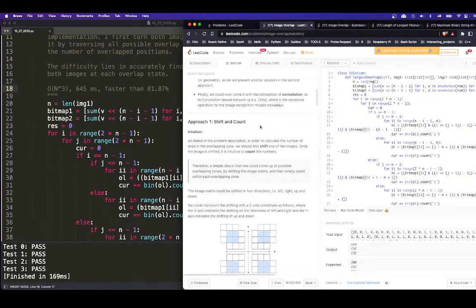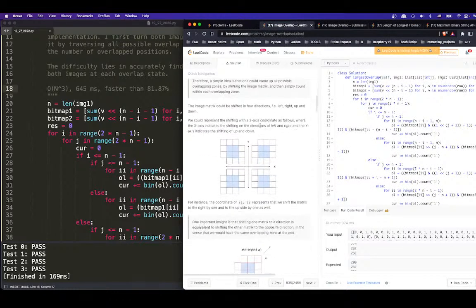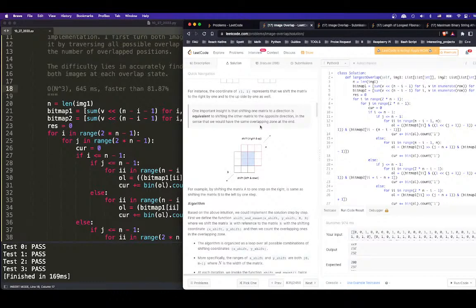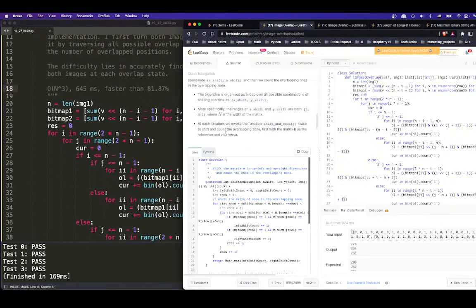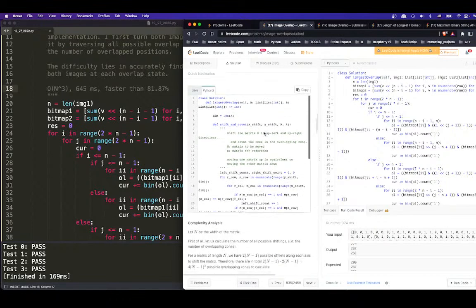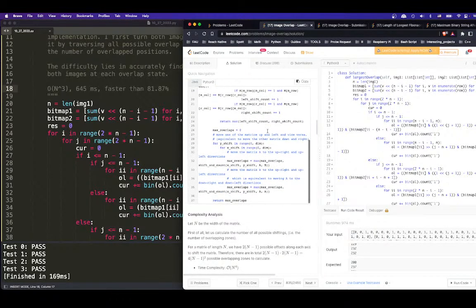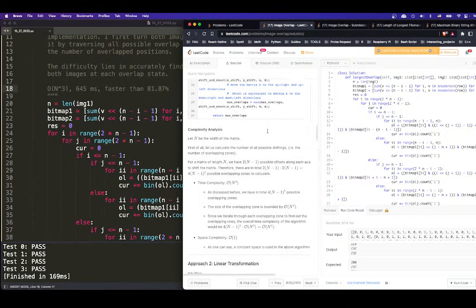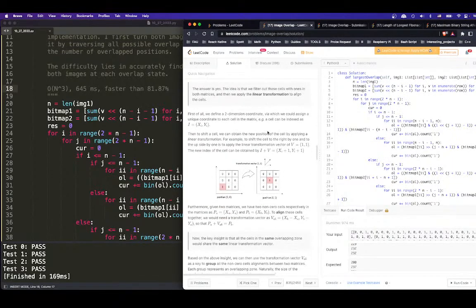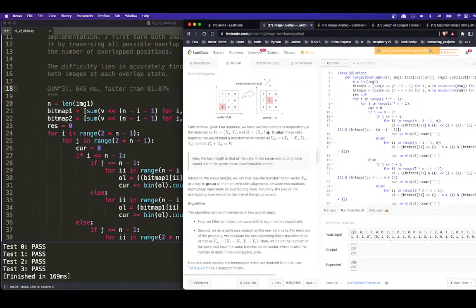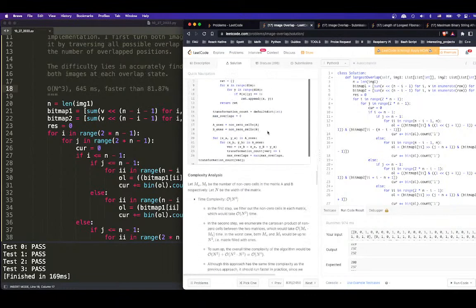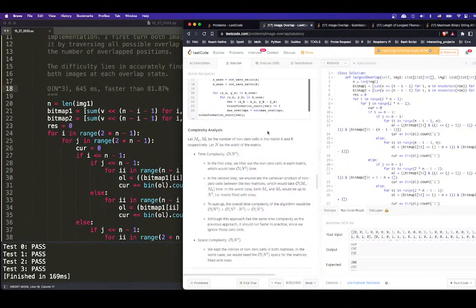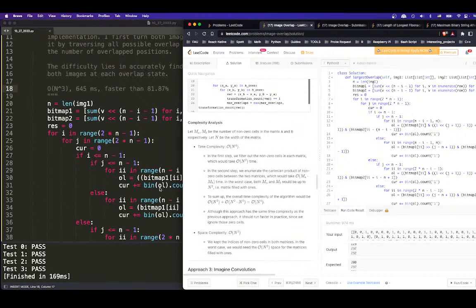Shift and count. Yeah. Linear transformation. Yeah, they count this one as well, I guess.